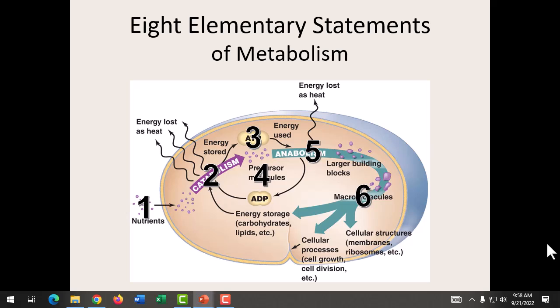From larger molecules, we get even larger molecules. It's literally larger building blocks to macromolecules. Macro meaning large. We can take sugars and put them together into larger carbohydrates, and then maybe we can take those and mix them with some proteins. And eventually we get these larger, more complex structures. Macromolecules.